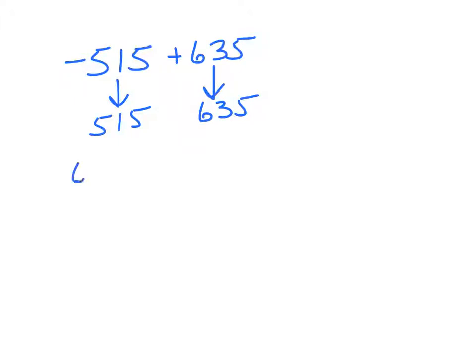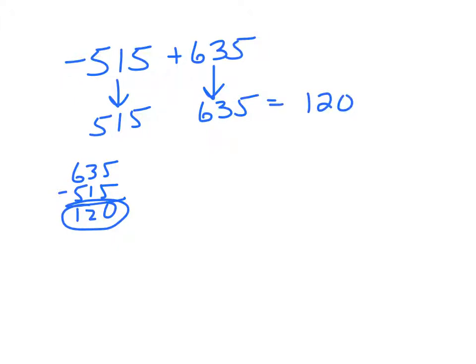I'm just going to go 635 minus 515, and I get 120 being the difference of those two numbers. And now I'm going to see which one has the higher absolute value, the positive or the negative. This is the absolute value with the higher number, and there is an understood positive sign here, so I know that my answer is a positive 120.